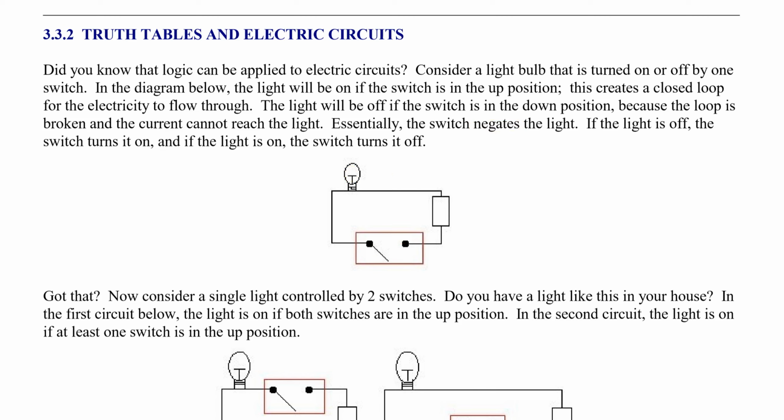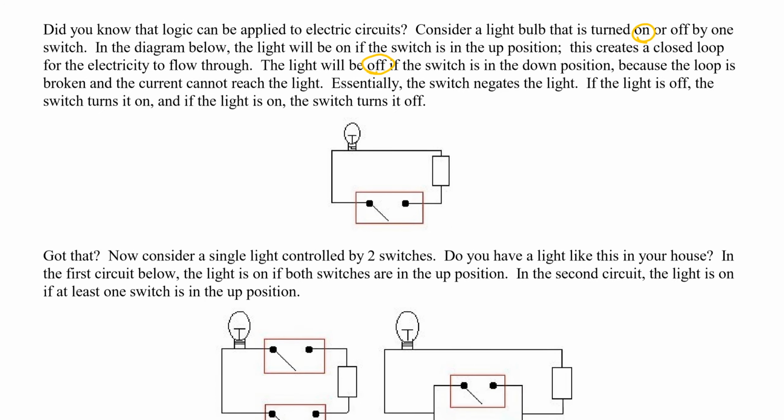So if you have a basic light switch in your house, think of it as a negation. The light switch negates the truth value of the light. So what we're doing here is saying that the state of being off and the state of being on is like true or false, and the switch negates those conditions.